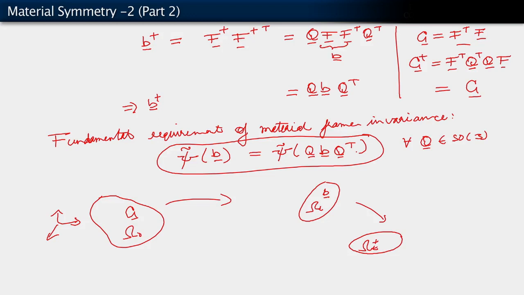Right? What are those functions of B? Those are the functions of B, the principal invariants of B. Those principal invariants are the trace, okay?